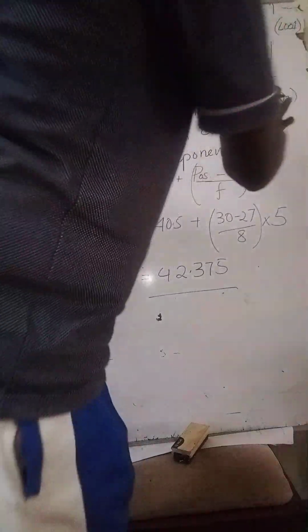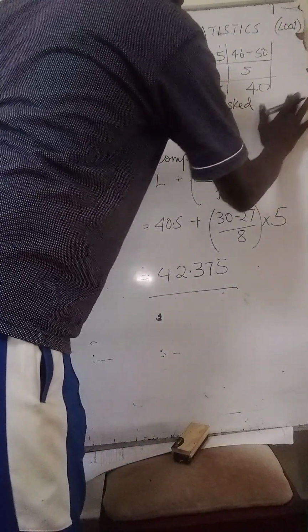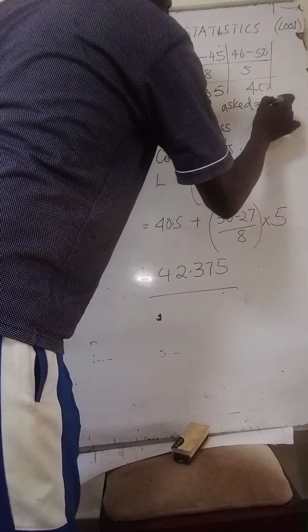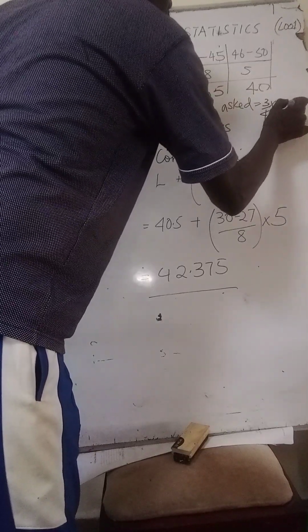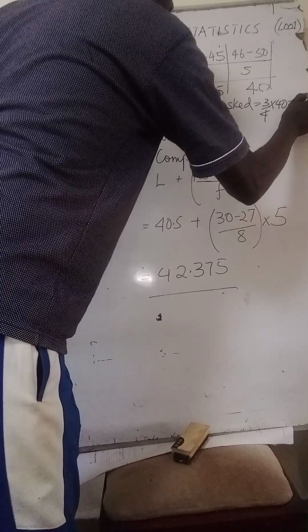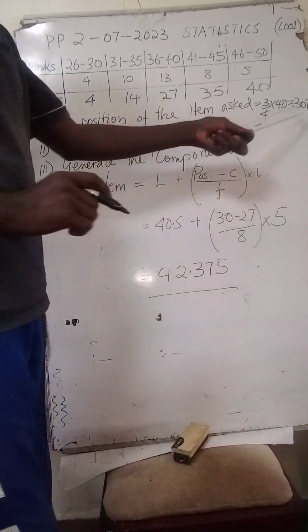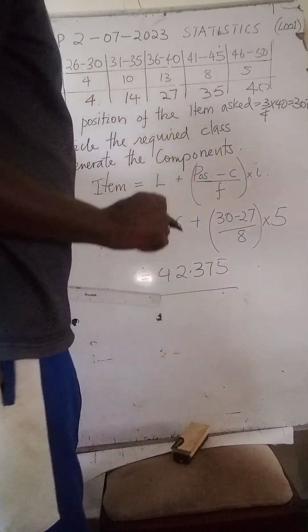In other words, I can write here that this is equal to 3 out of 4 times 40, which is 30th. So this is the 30th position.